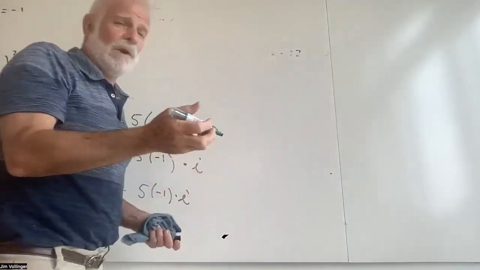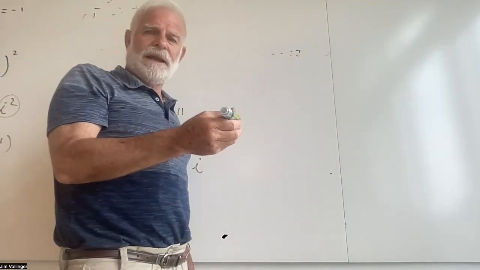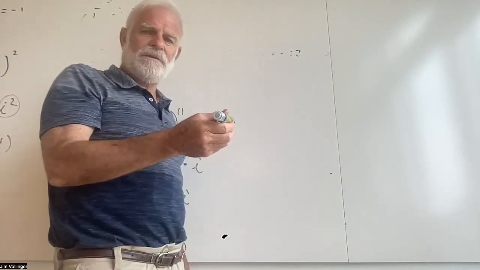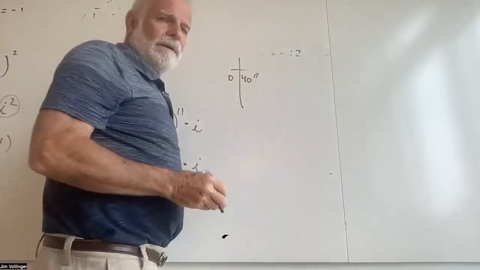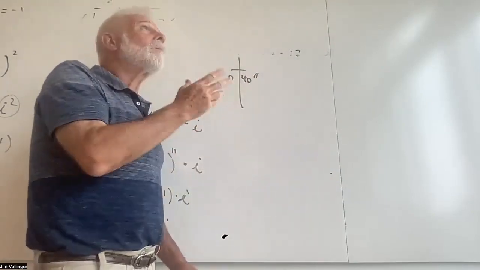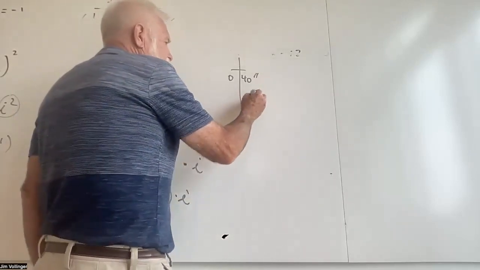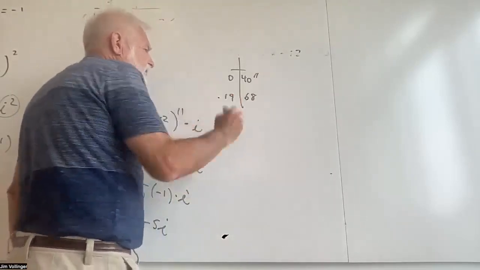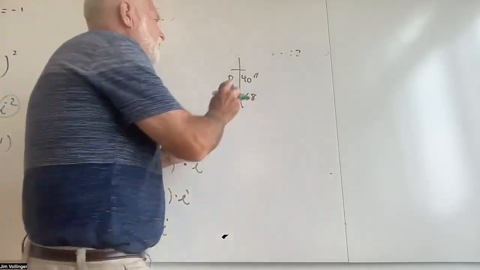But let's just do a quick quadratic where we study something. Let's say the marker at 0 seconds is 40 inches high. And I'm just going to throw it up. Boom. Okay, so I'm about 68 inches. So I went up to 68 inches, and it took 0.19 seconds to do that. Random numbers here. So what do I now know?